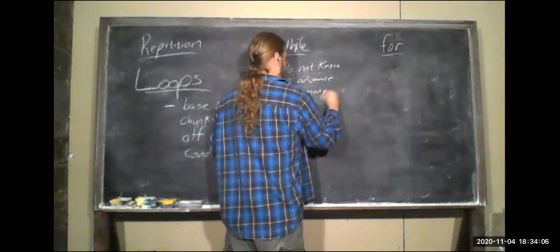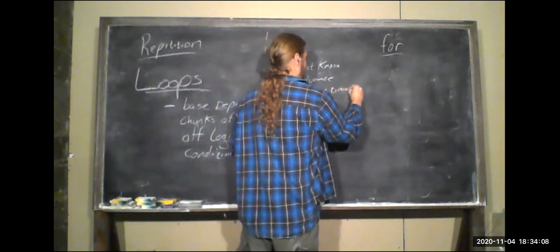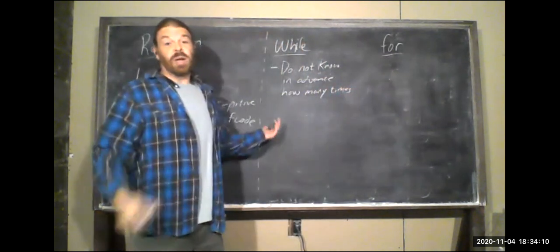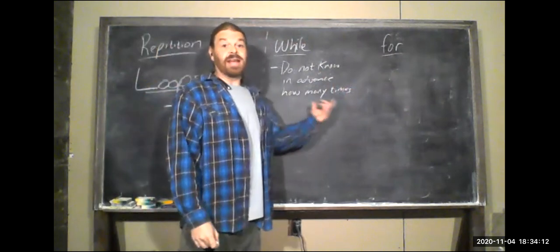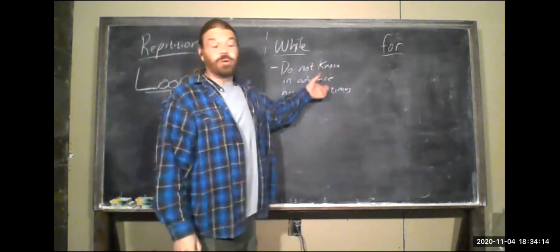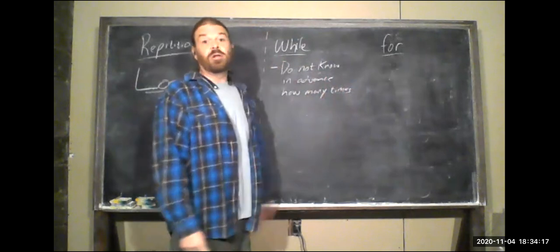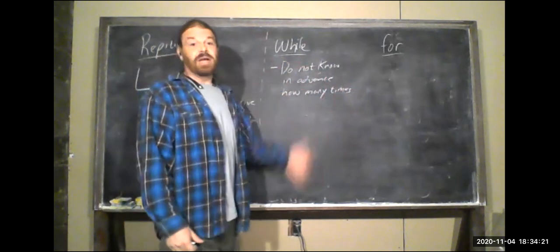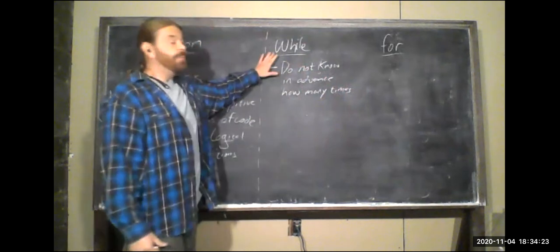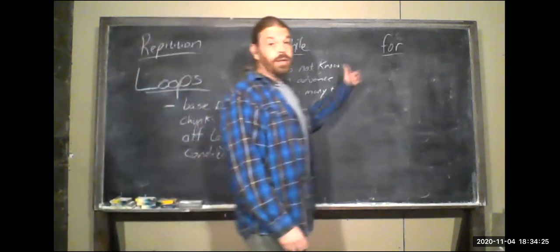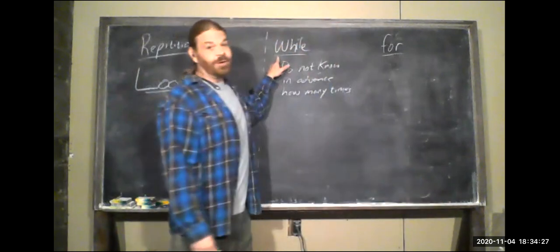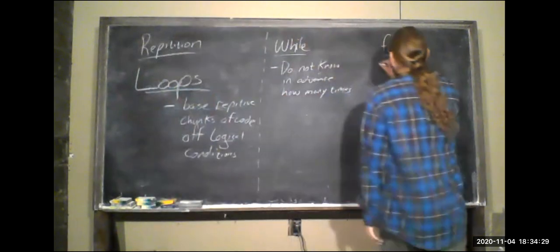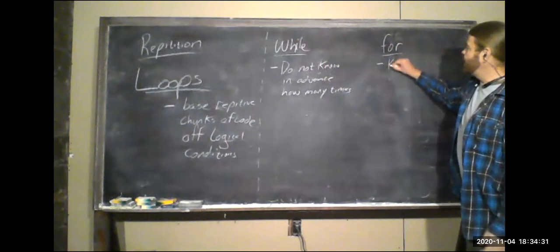So that's for situations where it might need to loop through 1,000 times. It might not loop through at all. If we don't know in advance how many times the loop is going to run, typically we'll use a while loop, and our for loop is the opposite. That's for when we know how many times it will run.